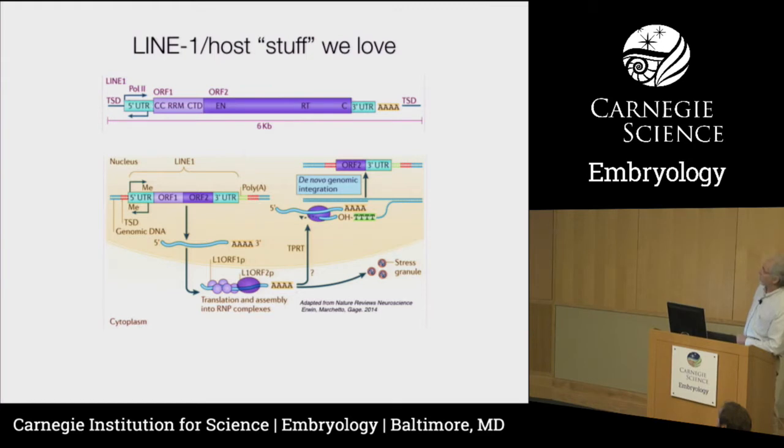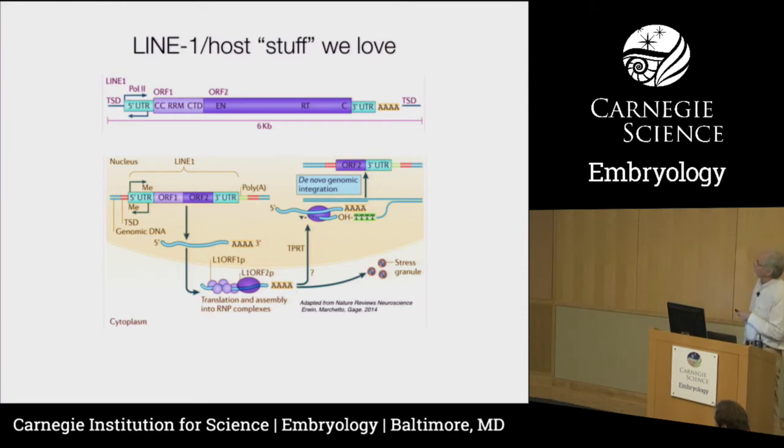At the 3' end, these peculiar genes also differ from typical Pol II transcription units in that they have poly A actually in the DNA. These are really unusual transcription units that, of course, have the ability to move themselves around.